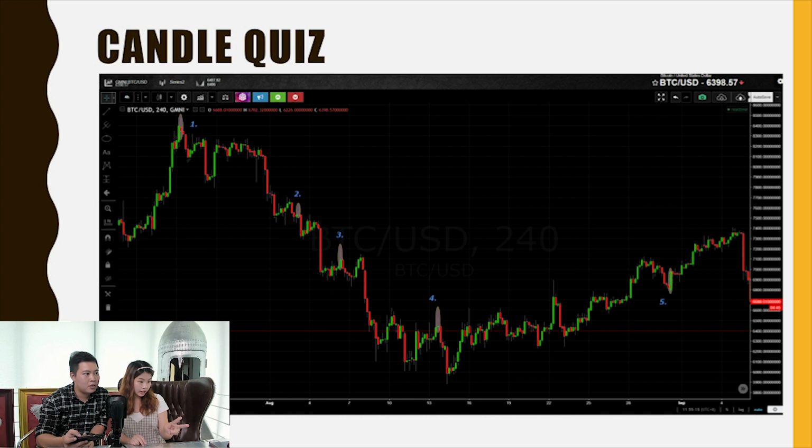The third one is green. It doesn't seem to have a lower wick, and the upper wick is longish.